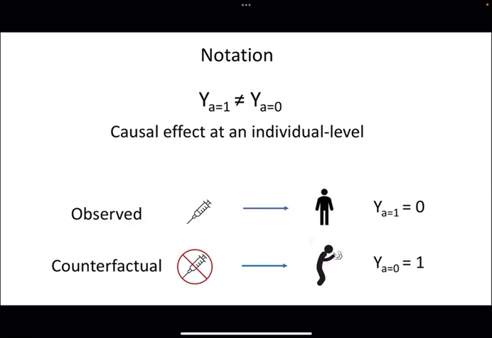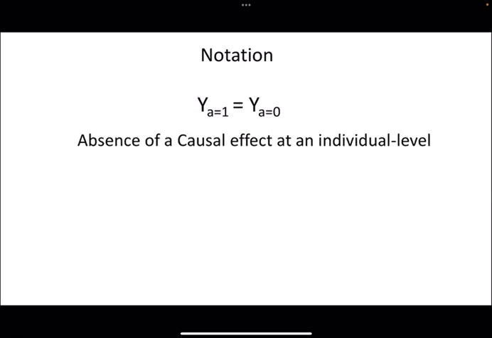Again, we have our observed state, getting the vaccine and not getting the outcome, so that is Y equals 0 in the A equals 1 state. And in the A equals 0 state below, we have it equaling 1. So we can see that 1 and 0 are not equal, so that's the definition of a causal effect. This vaccine was protective in this individual.